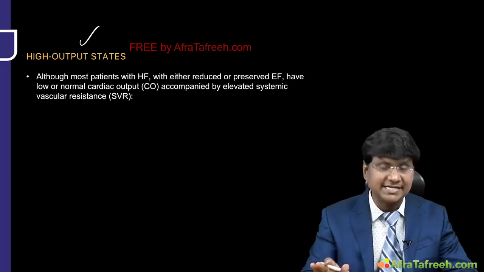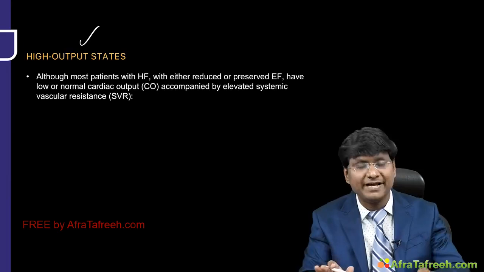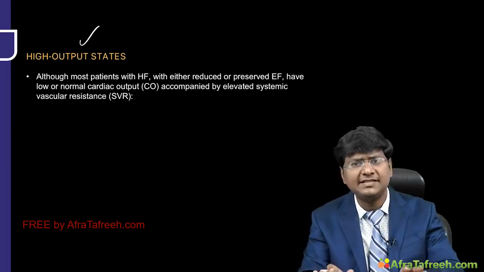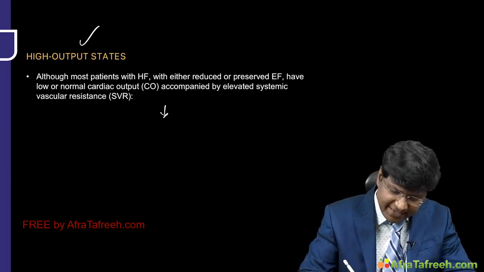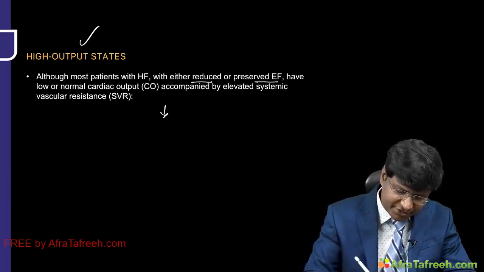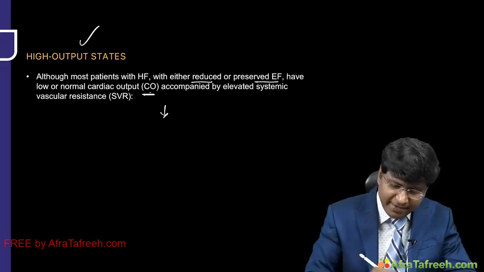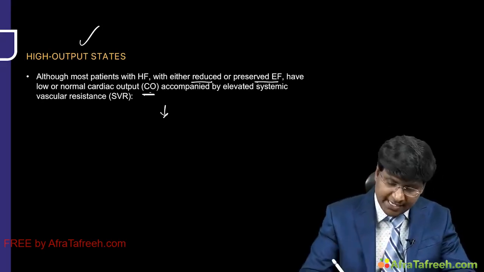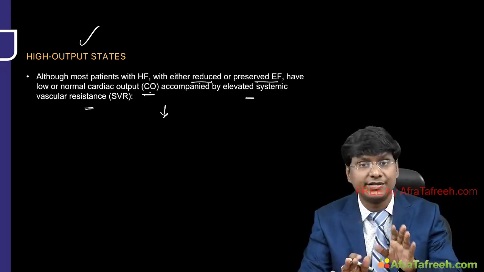So high output states, I have told you, are anemia, thyrotoxicosis, beriberi, AV fistula, pregnancy and fever. In these individuals, they can have either reduced or preserved ejection fraction, right? And thereby there will be abnormality within the cardiac output, accompanied by elevated vascular resistance.